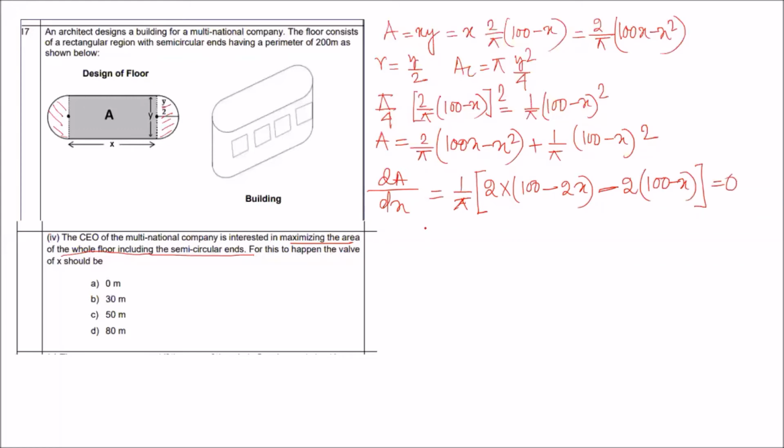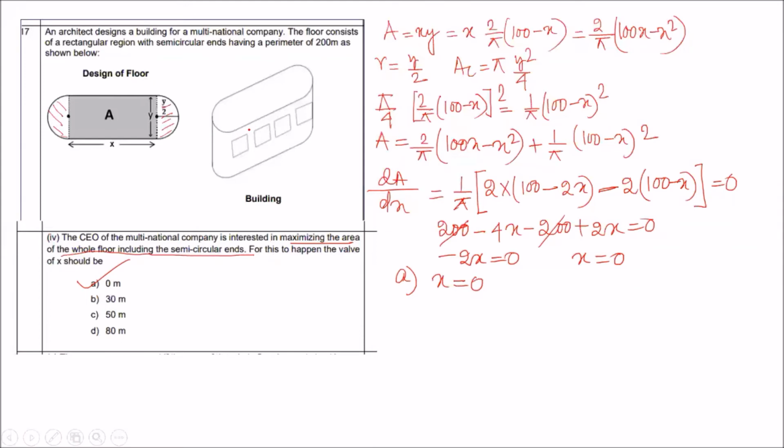Now simplify this. So this will be 200 minus 4x minus 200 plus 2x is equal to 0. 200 is cancelled. So how much you are getting? You are getting x is equal to 0. Interestingly, we are getting x is equal to 0. So where is the answer? Answer is x is equal to 0. So there will be no x for it.